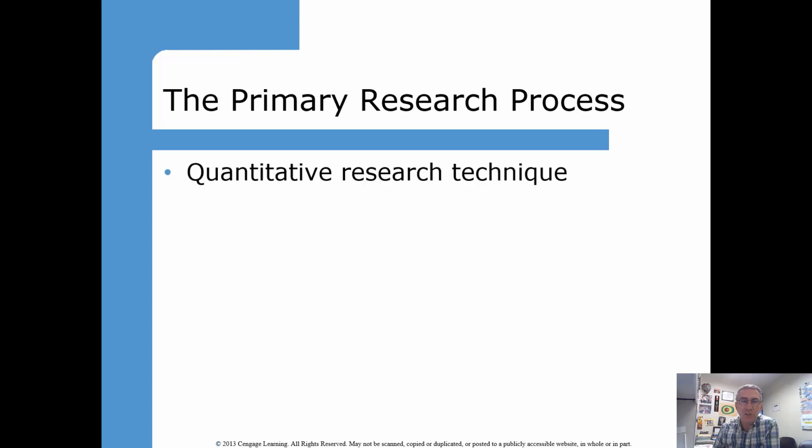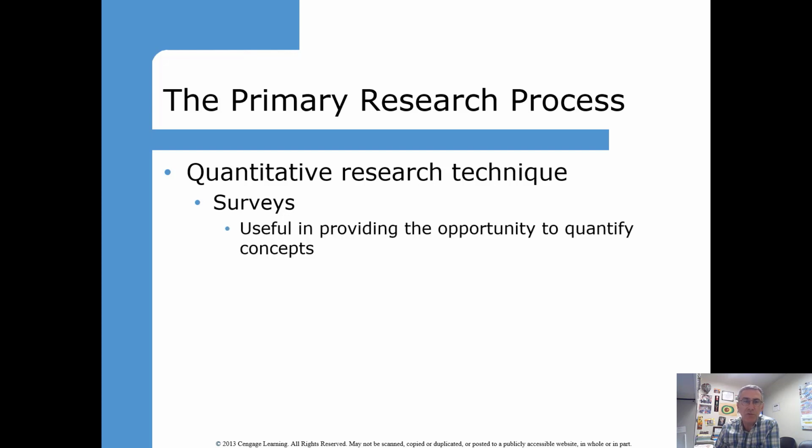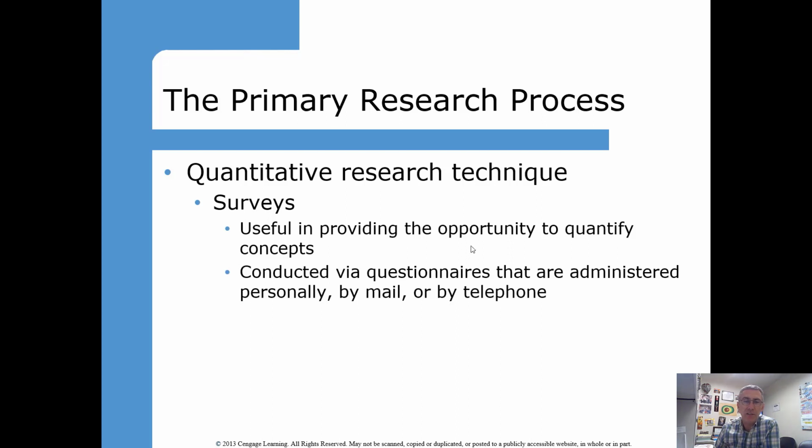And now we're going into quantitative research techniques. So again, you have quantitative and you have qualitative. Quantitative is just surveys, and when you're done, we're just tabulating the results and we get data, right? So you give out surveys, useful in providing the opportunity to quantify concepts. They're usually conducted with questionnaires that are administered personally, by mail, or by telephone.